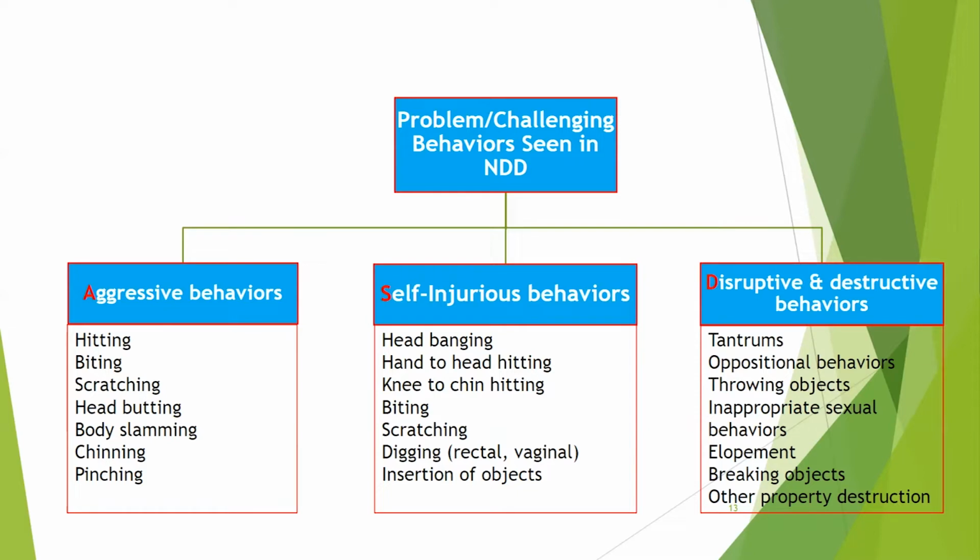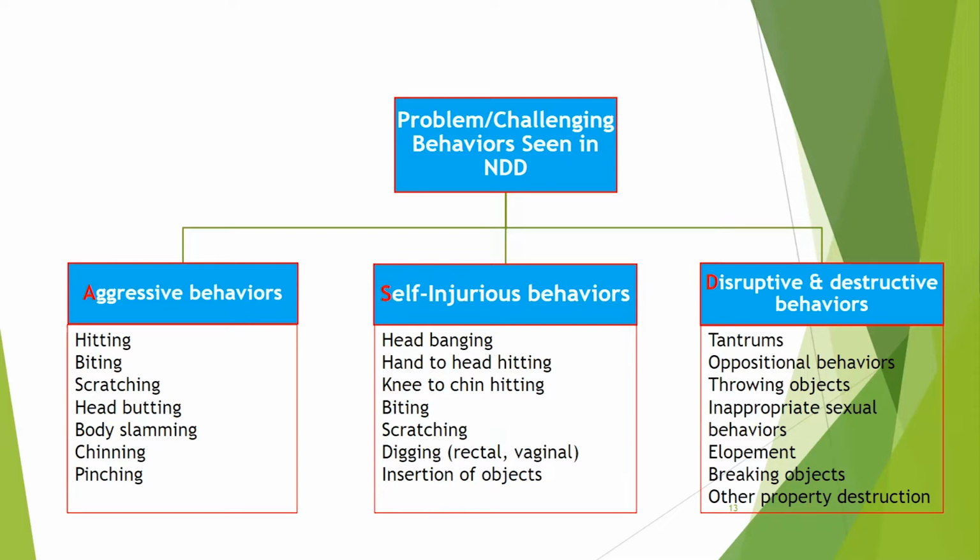One thing to understand is that the aggressive and self-injurious behaviors may not have the intentionality that is usually associated in individuals who may be higher functioning cognitively. Planned aggression is not usually seen in those with moderate to severe intellectual disability.